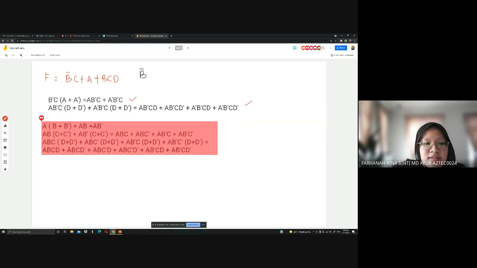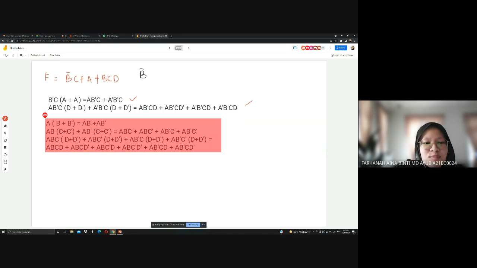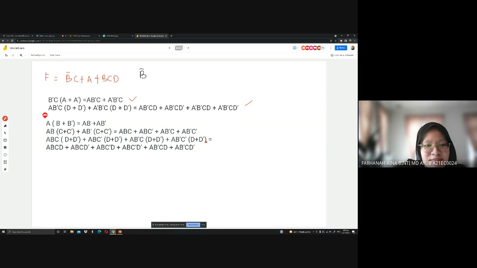Okay, so second term kita dah tambah satu-satu B, C dengan D. So dapat ni A, B, C, D, A, B, C, D prime, A, B, C prime D, A, B, C prime D prime, A, B prime C, D, A, B prime C, D prime. Lepas tu sekarang ni untuk third term dah ada B, C, D, kita tinggal tambah A je.